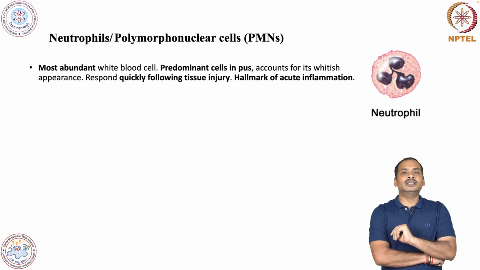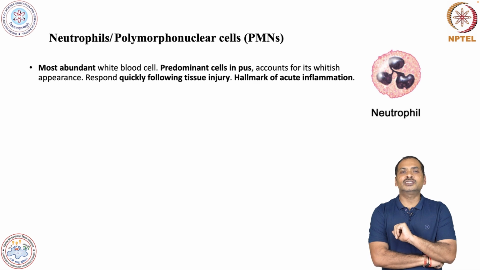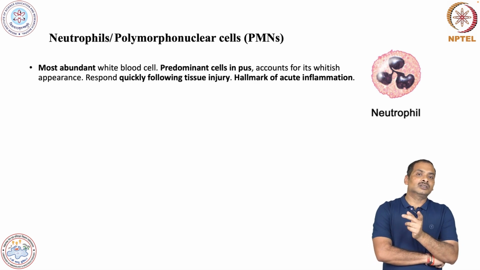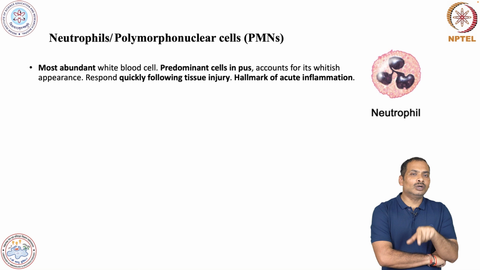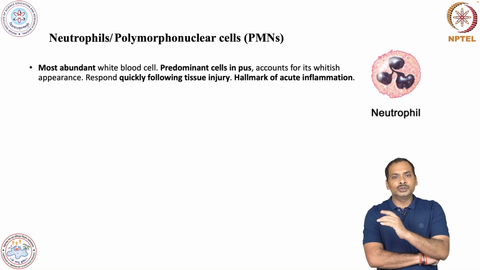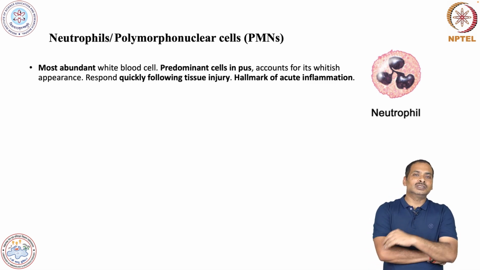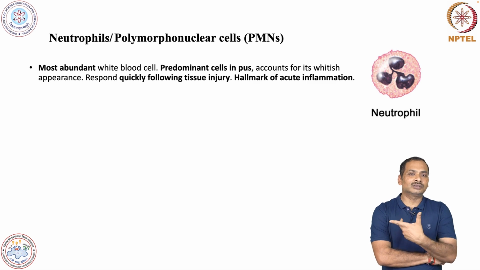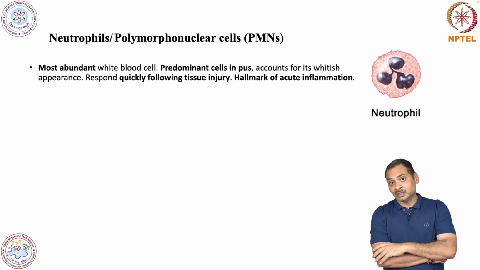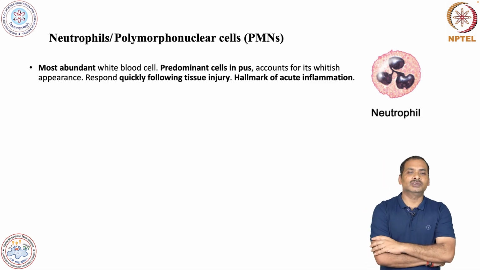Acute is any response which is extremely high for a short duration. Chronic is not so high, but it lasts for a long duration, like a chronic disease, which is not creating too much problem but is persistent for a very long time.